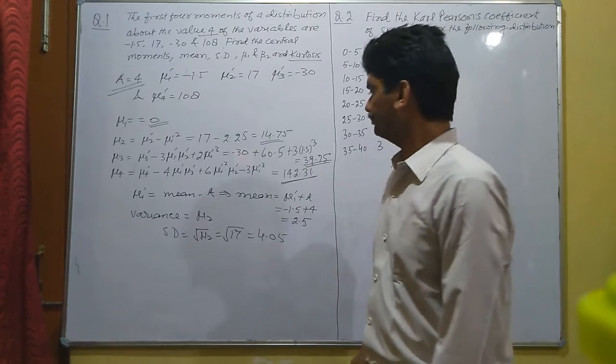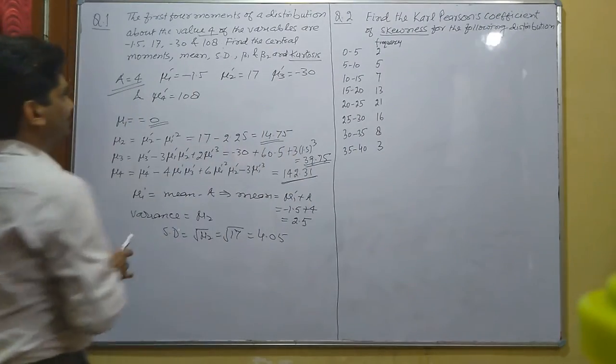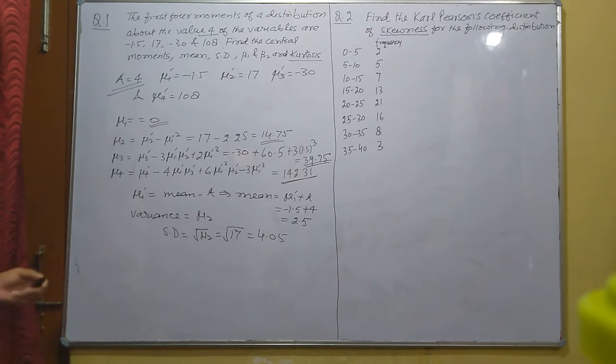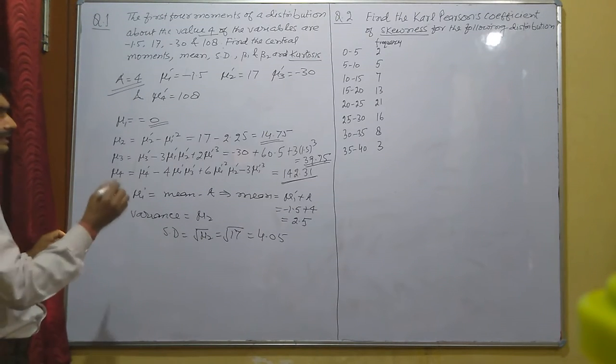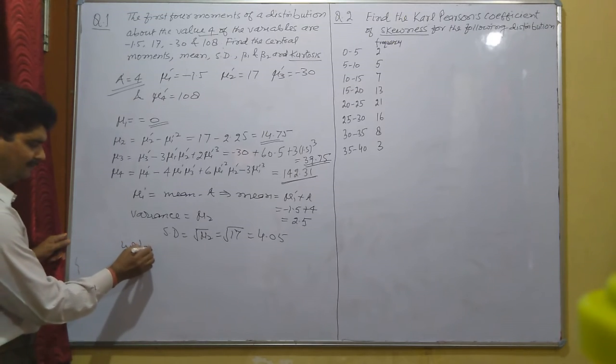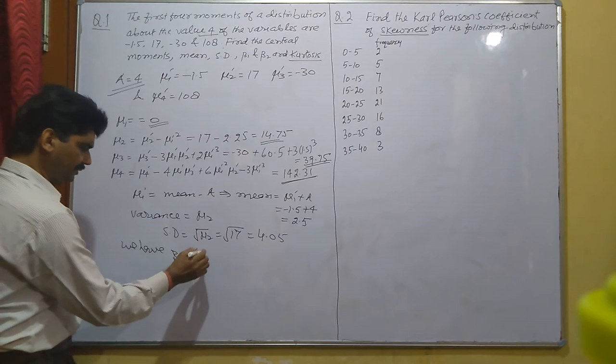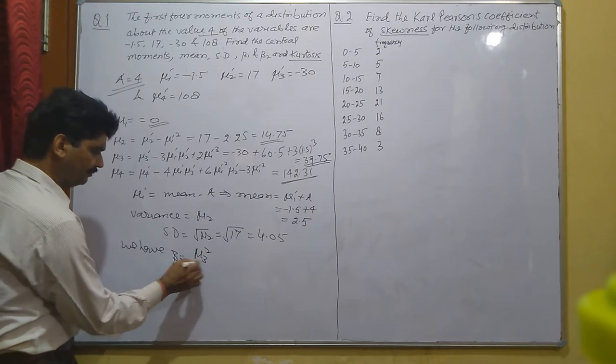Okay. And next, beta 1 and beta 2, these are Pearson's coefficients. We know that beta 1 equals mu3 square upon mu2 cube.